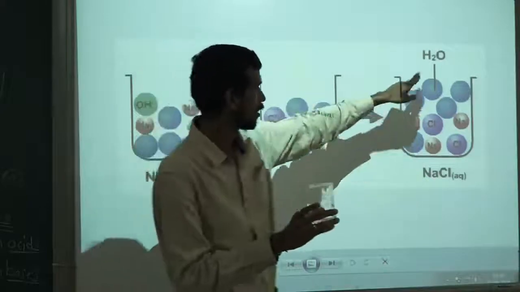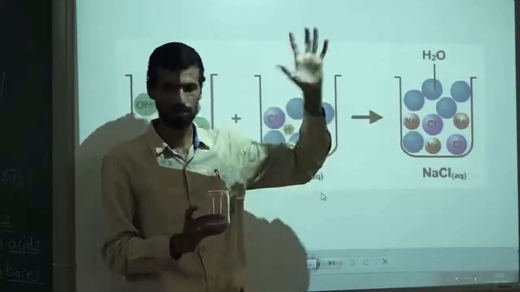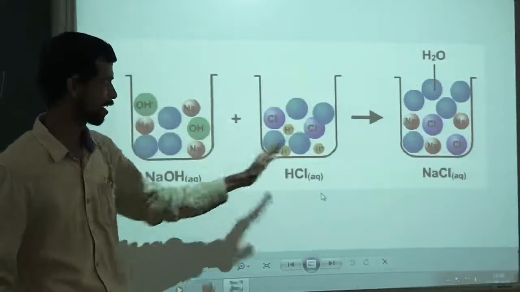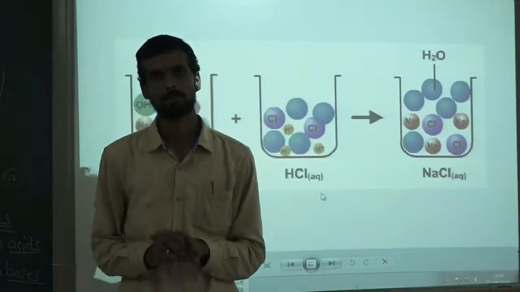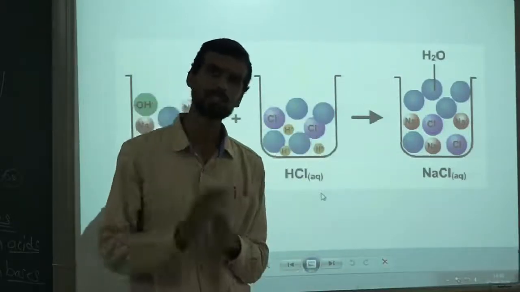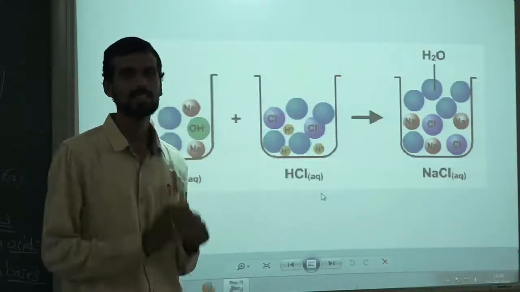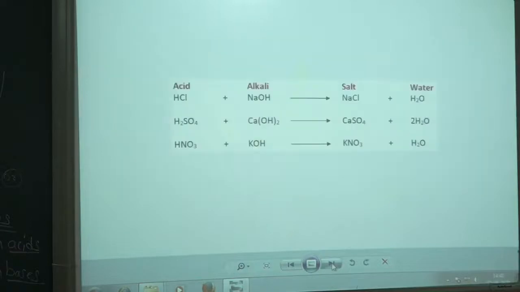So here, salt is there, but it is dissolved in the water. Okay. So when acid and bases are mixed with each other, what is produced? Salt is produced. Okay. So this reaction. What is the name for this reaction? Do you know? This is called as neutralization reaction. The reaction of acid and base.